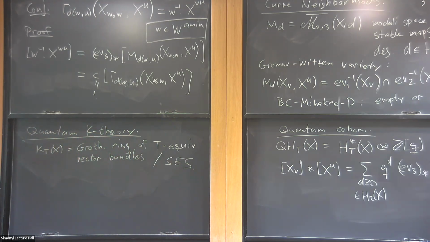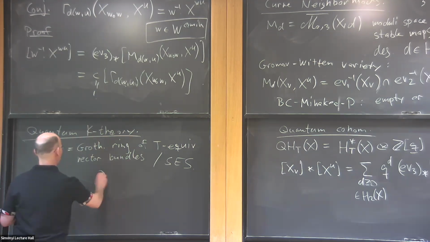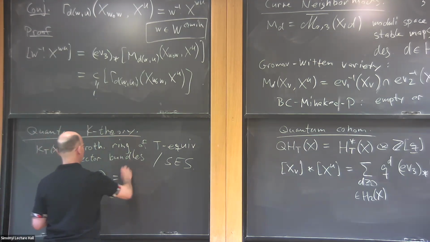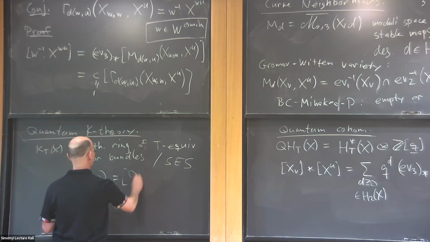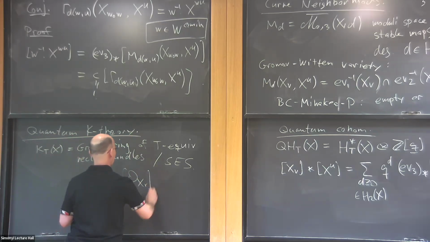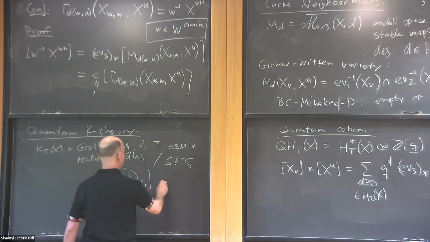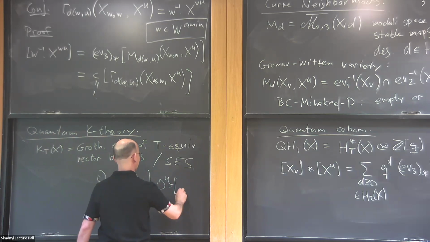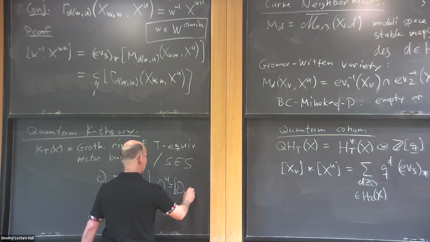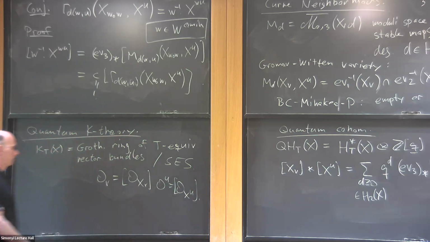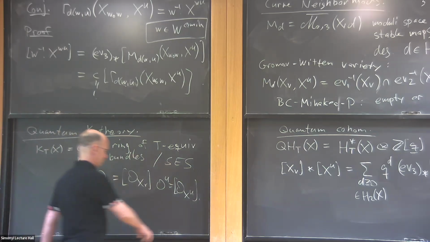They gave a very nice lecture about this. We have Schubert classes. I'll call them O_w. That's just the class of the structure sheaf of X_v, and O^u, that's the class of the Schubert variety for upper u.